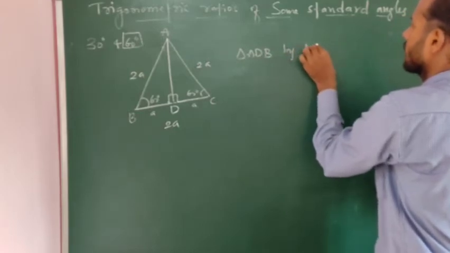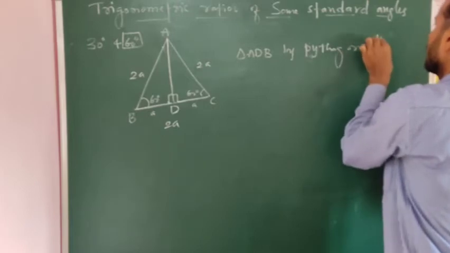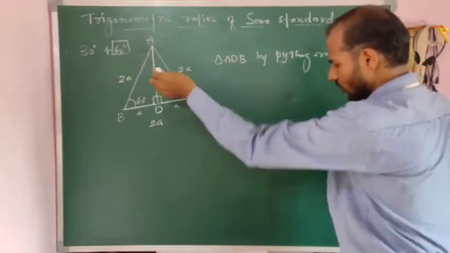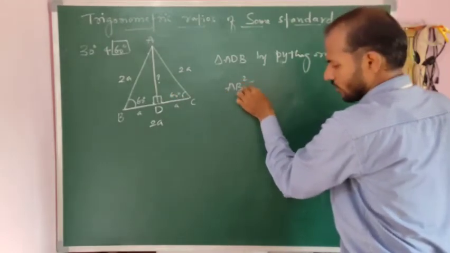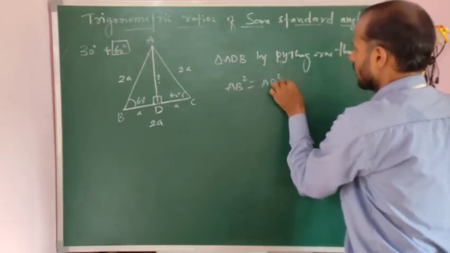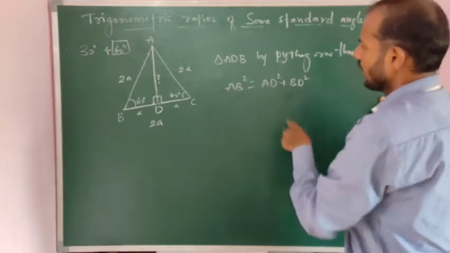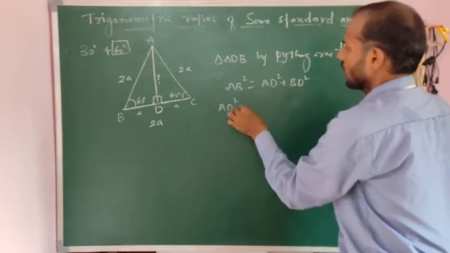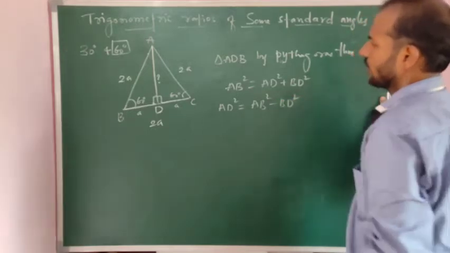By Pythagoras theorem, AB square equals AD square plus BD square, right? Now we have to find AD square, so take BD square to the RHS. AD square as it is, AB square minus BD square, right?